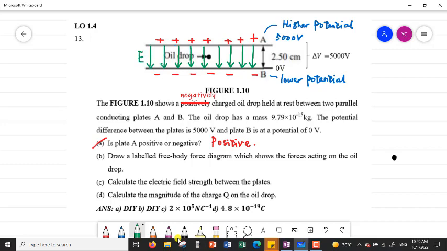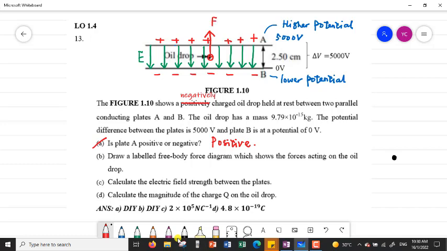Any charge we put in an electric field experiences electric force. For this oil drop, because it is negatively charged, it will be attracted towards the positive plate.